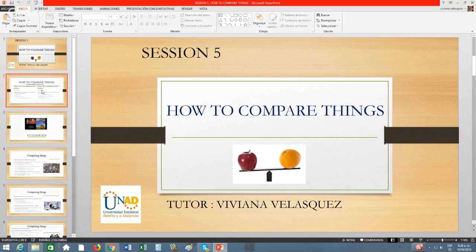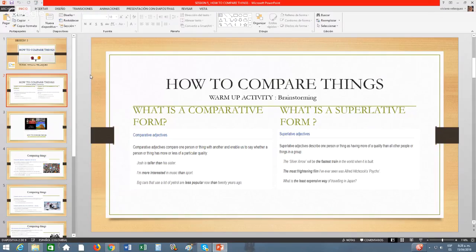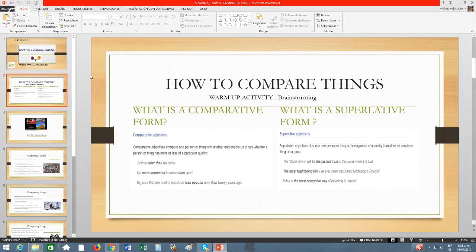Okay, let's see if you remember some specific components about the comparative and superlative forms. Do you remember what a comparative is? Yes. Explain to me.